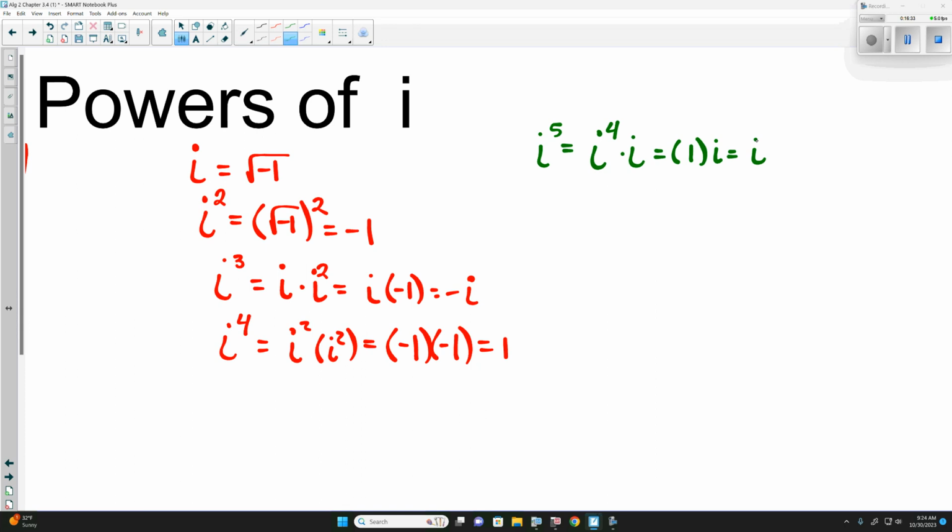I to the 6th. Well, you say that's I to the 4th times I squared, yes? Well, I to the 4th is 1. I squared is -1. So we get -1. Okay? I know this is a little weird.